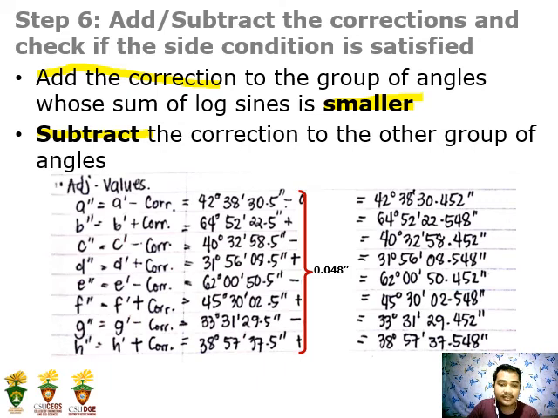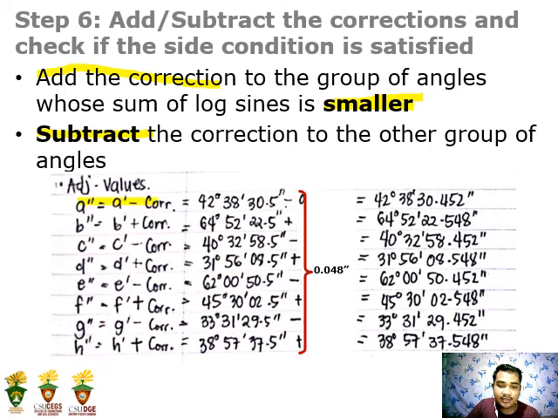So in our case, the first group has the highest, a bigger sum of log signs compared to the second group. Therefore, for the first group, since it has a bigger value of sum of log signs, we are going to subtract the value of correction from the corrected angles after the angle condition.